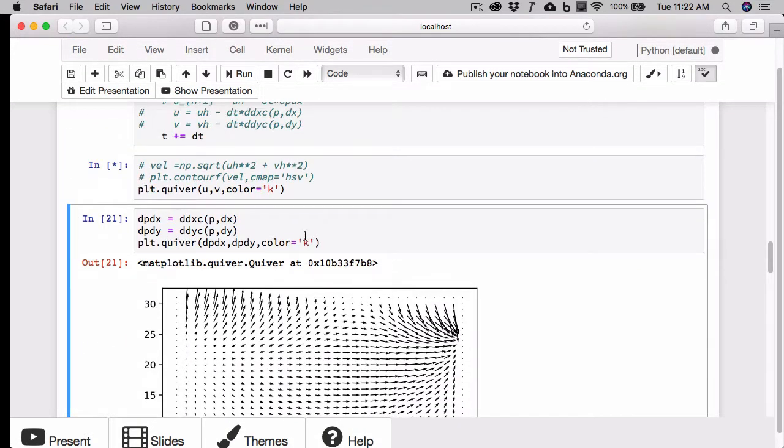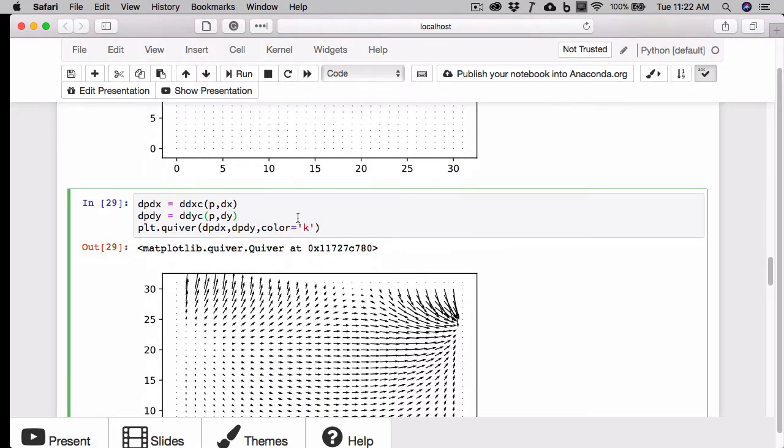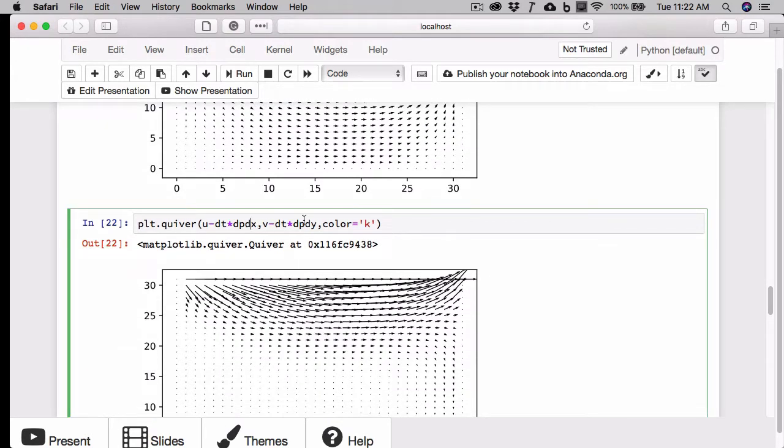The quiver would be u minus dt dpdx and then v minus dt dpdy.